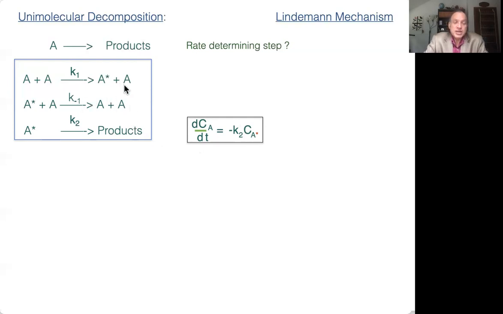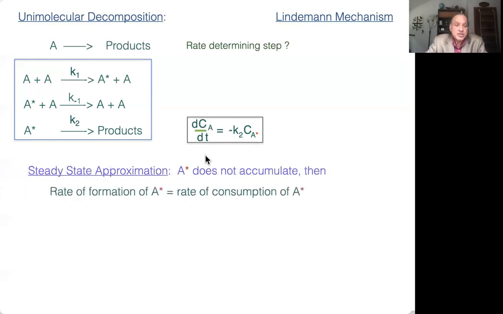K1 and K minus 1 were not making products directly. So by definition, dCA by dt, the rate at which A is producing the product, is equal to this rate constant K2 multiplied by the concentration of A star, but with a negative sign, of course, because of the decrease in the concentration of A with respect to time.